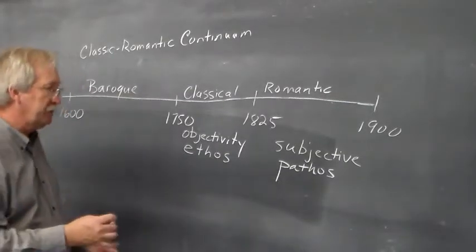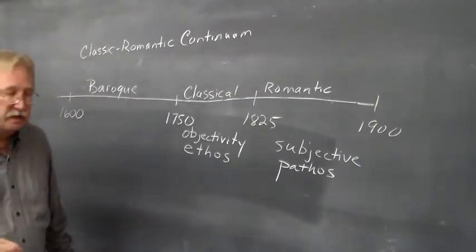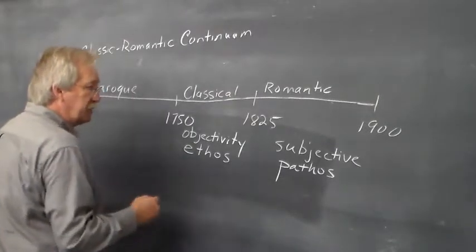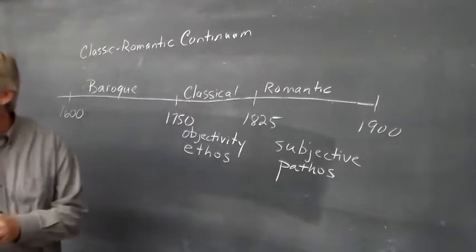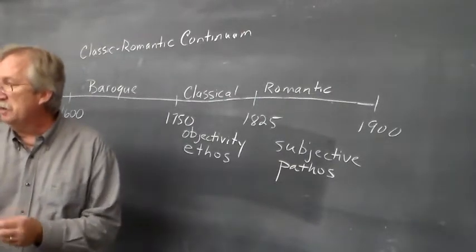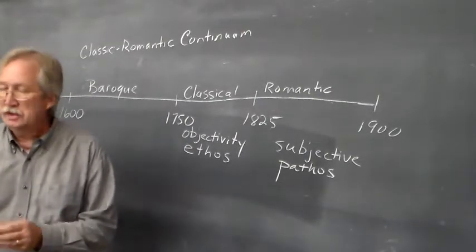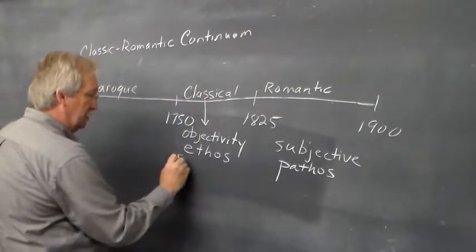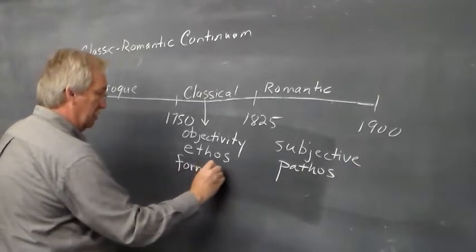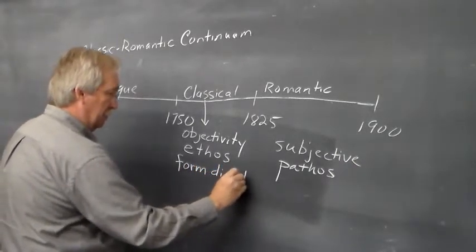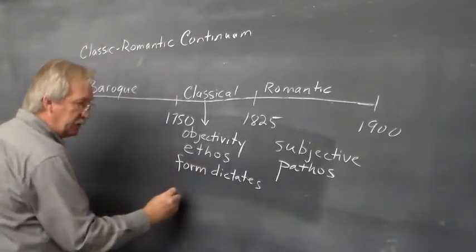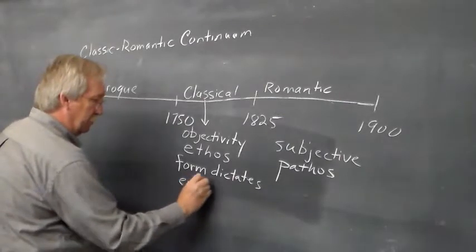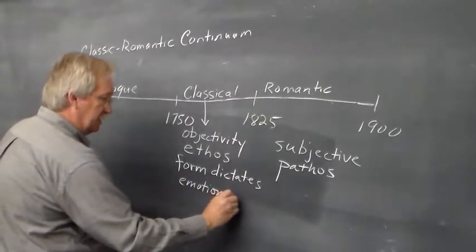So some ways that this plays out in music has to do with the relationship between form and emotional content. So in this classical style, form dictates emotional content.